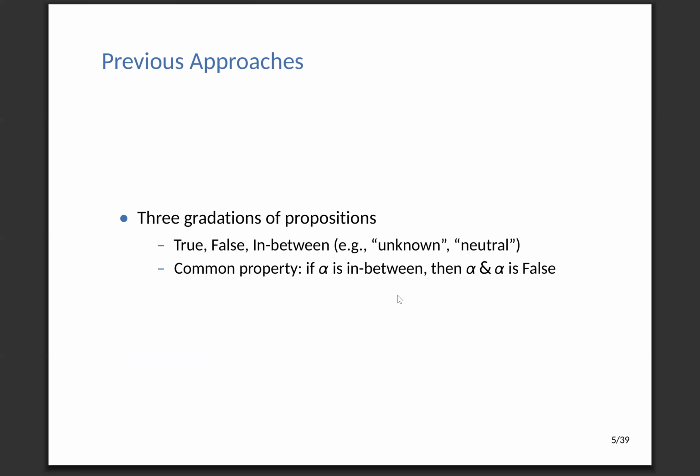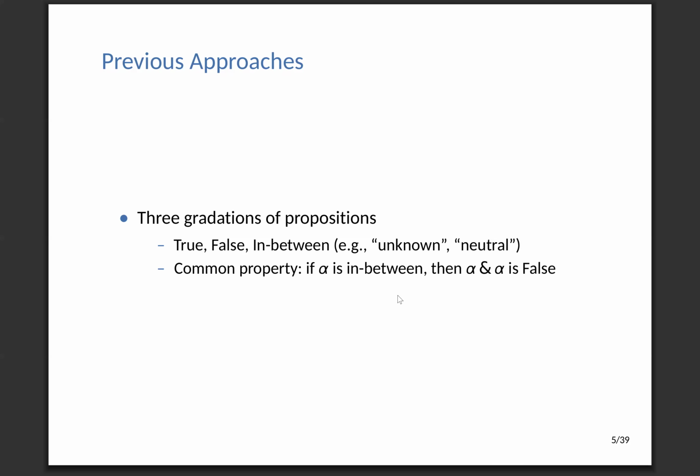So previous approaches all had three gradations of propositions. It was true, false, or in-between value. In between, mostly one half was used, and it was interpreted as unknown, neutral, or semi-activated, or things like that.